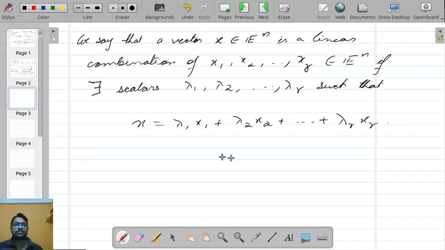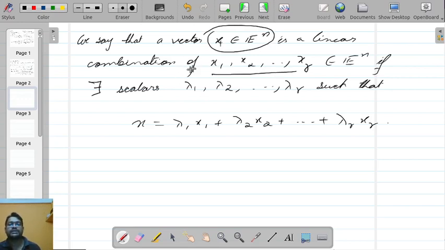If this happens, then we say that the vector x is a linear combination of these given vectors. That means x can be written as a sum of some scalar multiples of x1, x2 up to xr. This is called a linear combination.